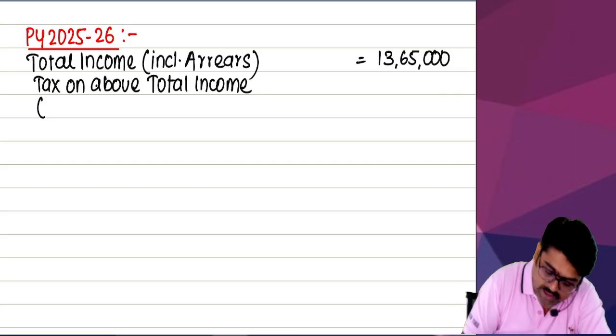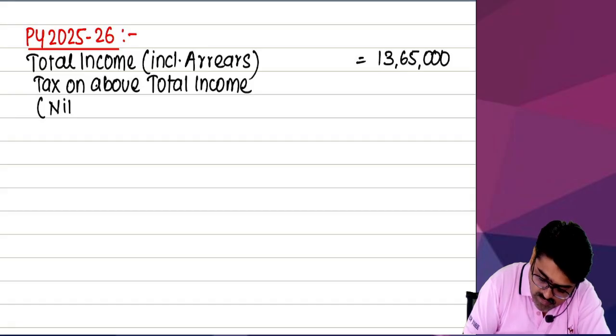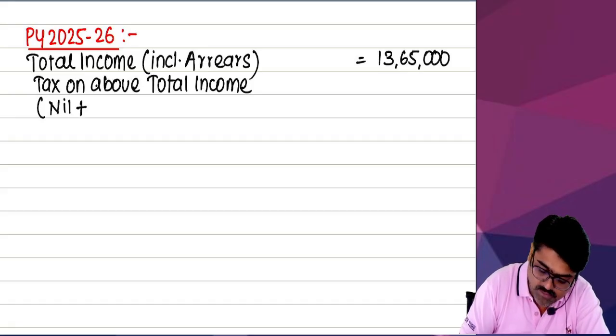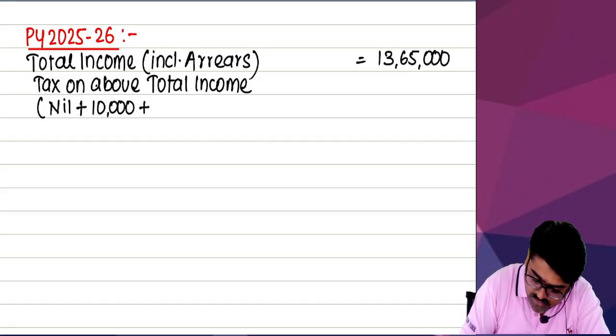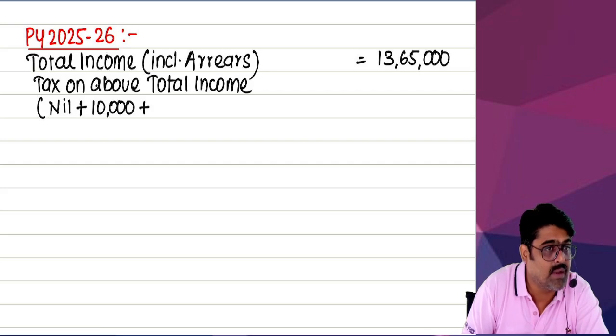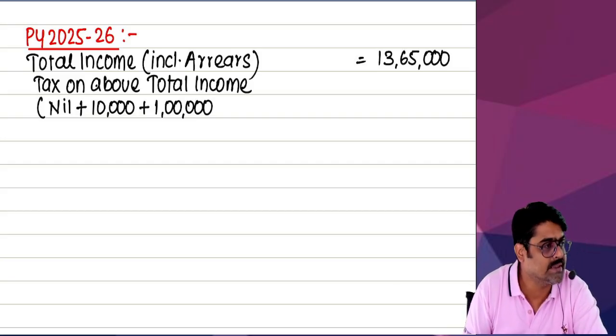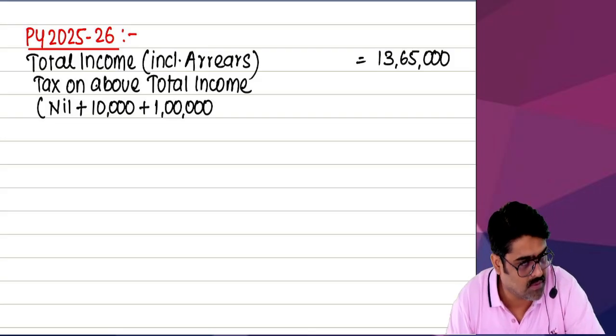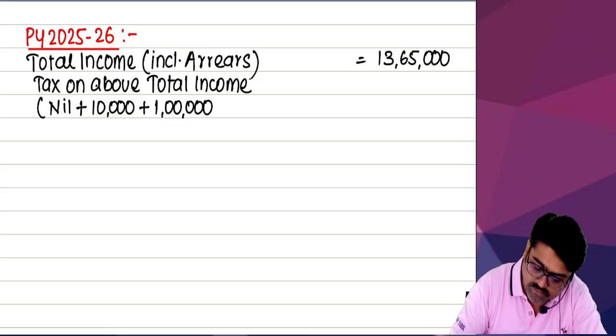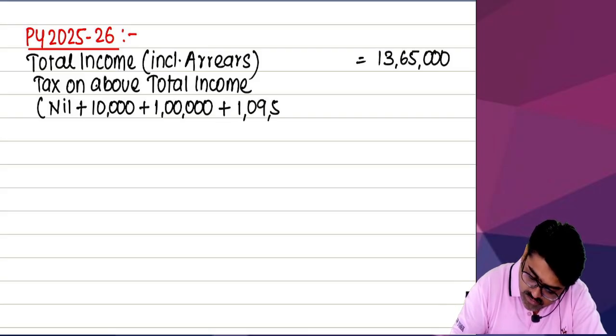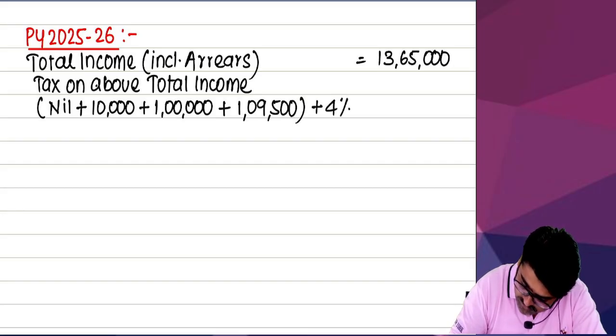First 3 lakhs there is no tax, nil. 3 lakh to 5 lakh, 2 lakh, on that 5% will be 10,000. 5 lakh to 10 lakh, on that 5 lakh calculate 20%, that will be 1 lakh. Total income above 10 lakh is 3 lakh 65,000. On that calculate 30%, that is 1 lakh 9,000. And on this tax add 4% cess.